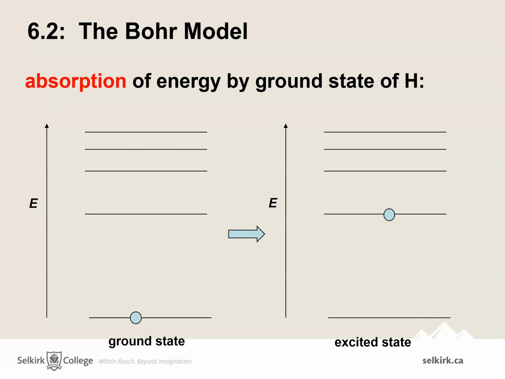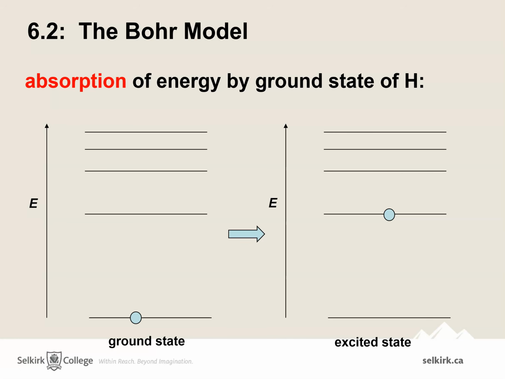Let me try. Now what we saw in the previous video was that when I excite an atom by giving it energy, it releases that energy back as light, colored light. We only see particular colors, and that implies that the atom can have only particular energies.